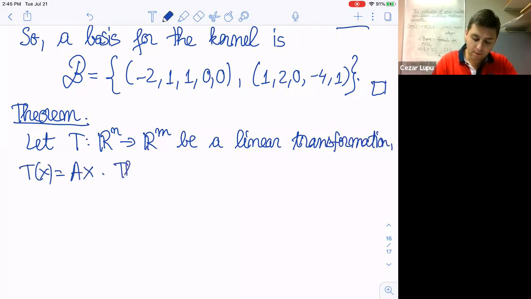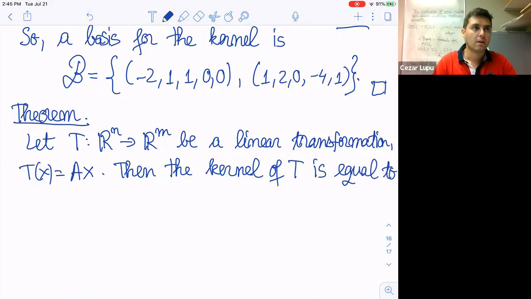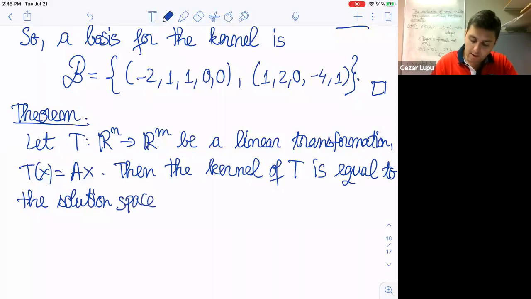Then the kernel of T is equal to the solution space of Ax equals 0.